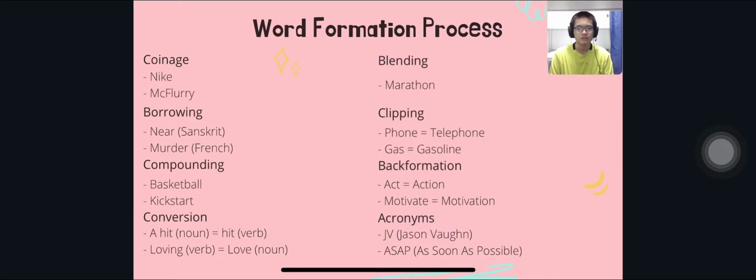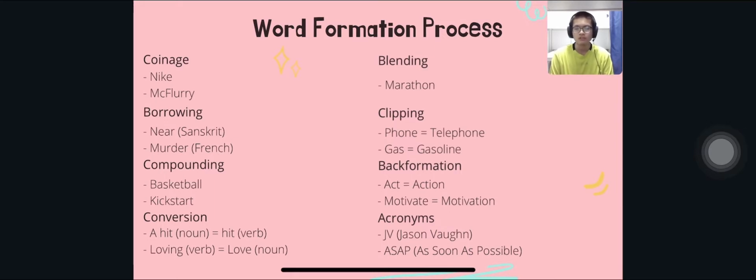And then we can look at conversion. Conversion is a change of function of a word. So let's say we have verb to noun and noun to verb. That is considered a conversion. In the article, we found that a hit is a noun. For example, a hit of the wheat.